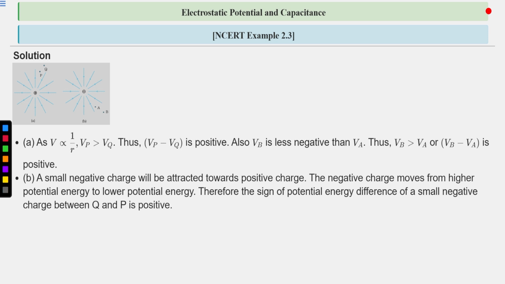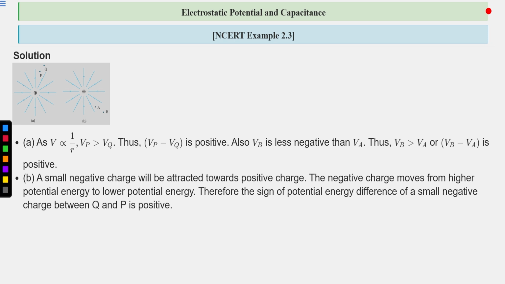So the negative charge is at Q, and the positive charge will attract it. The negative charge is now moving from Q to P. At P, the potential energy is less. It is moving from higher potential energy to lower potential energy because we are moving in support of the force.